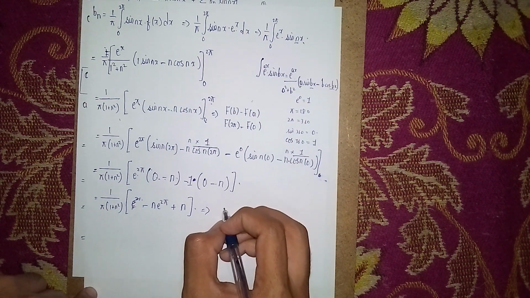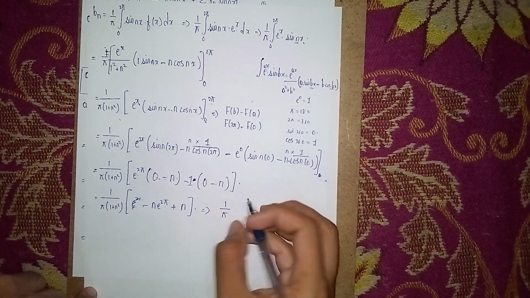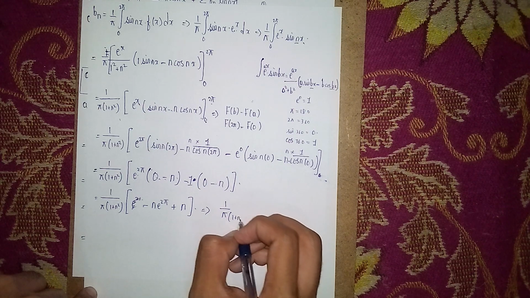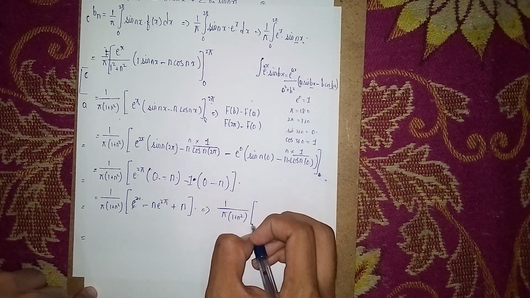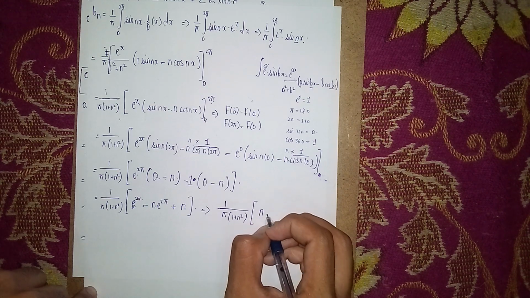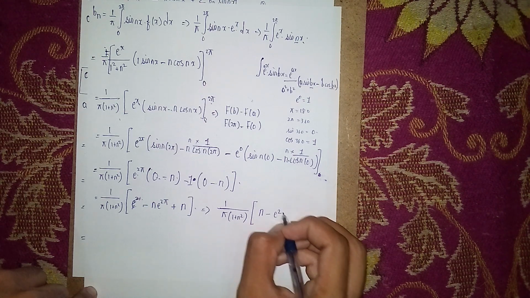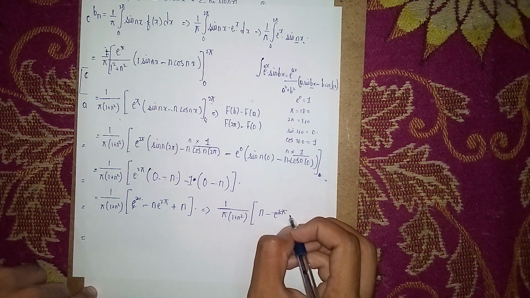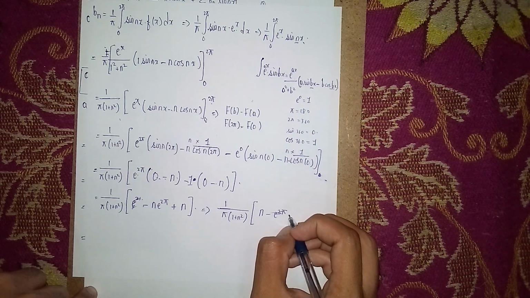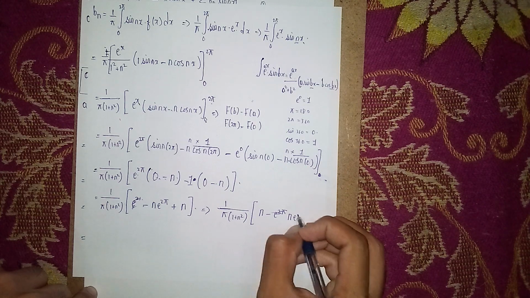So it becomes 1 by pi (1 plus n square) times the bracket n minus n e power 2 pi.